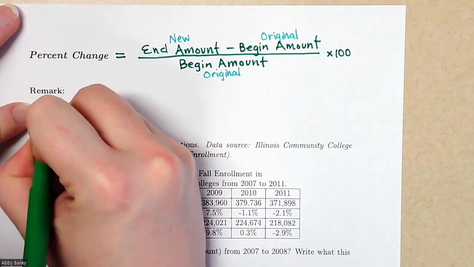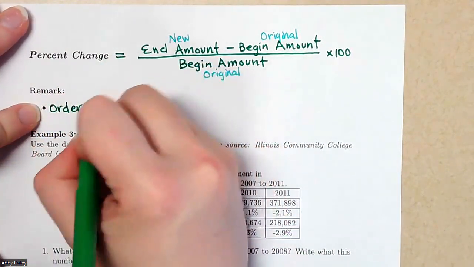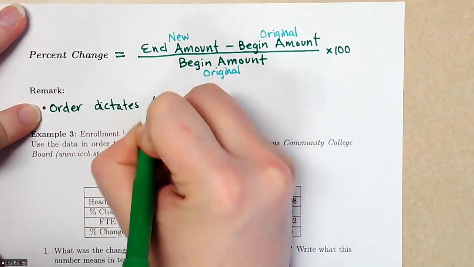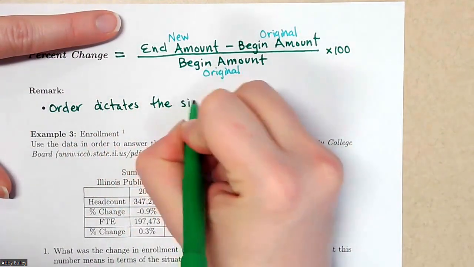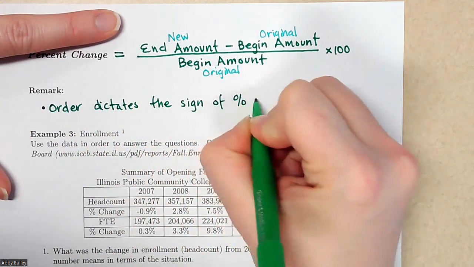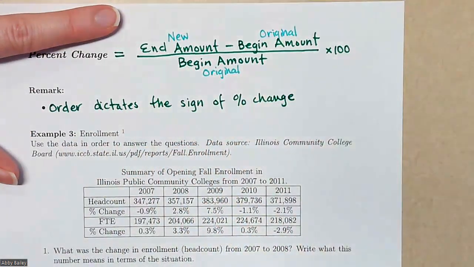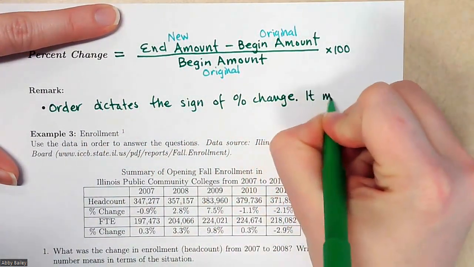So let me just remark that order dictates the sign of percent change. So order matters. It matters.